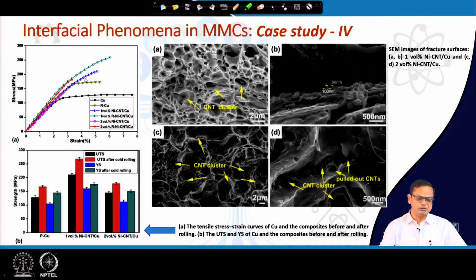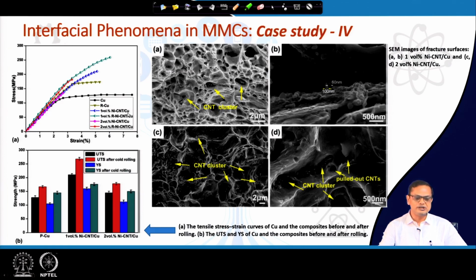You can see that because of CNT, there is a fairly good increase in the strength, is it not? And what is being lost here? Obviously, some amount of ductility is getting lost, because when you have CNT at the interface, there would be some amount of microporosity present and other things could be happening, and that could lead to a decrease in the ductility. But ultimately strength has been increased.